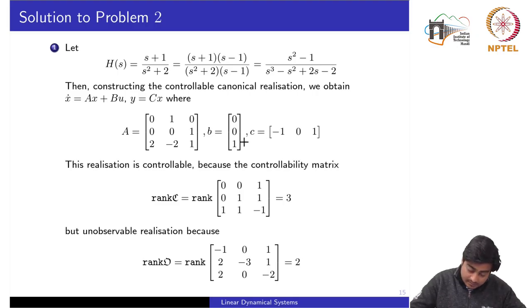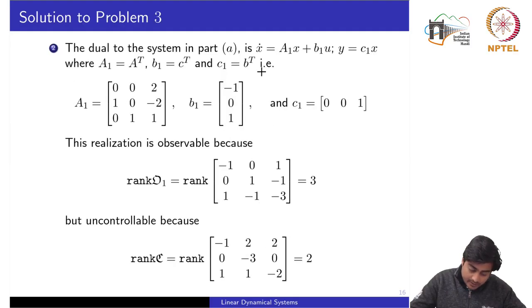Okay, so this realization is an unobservable realization. Why? One insight is that because we have added a common factor both in the numerator and the denominator, if we are seeing only the external signals, that is input and output, the transfer function would not be able to capture it.